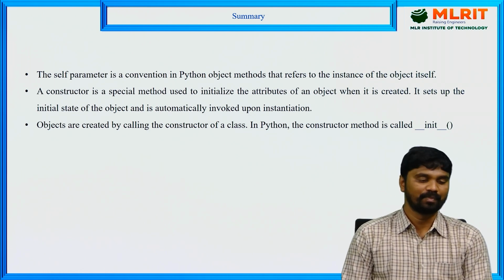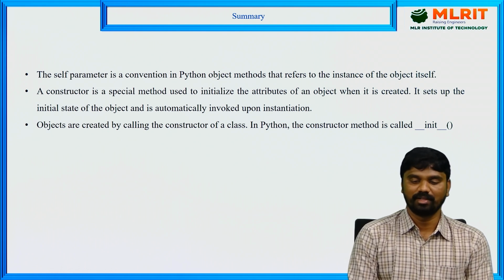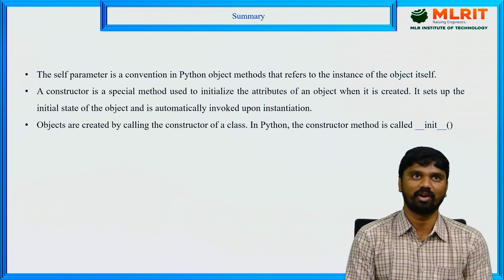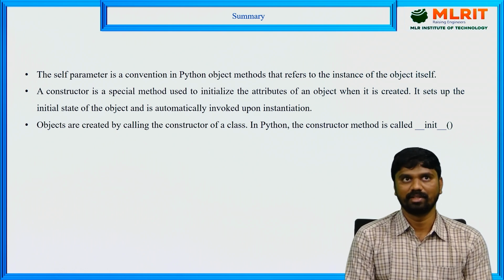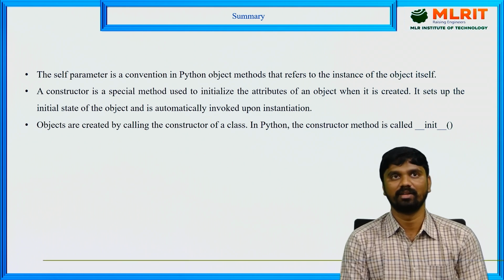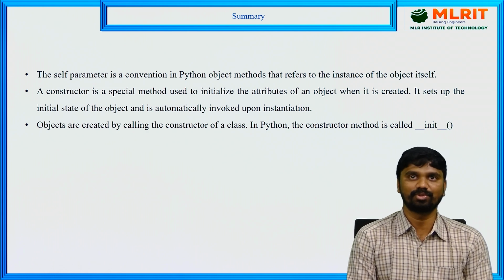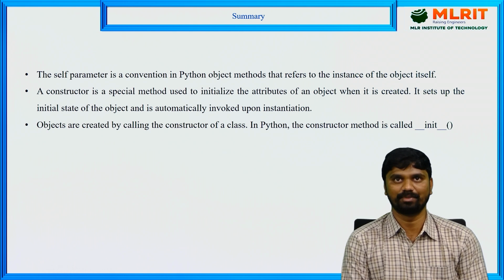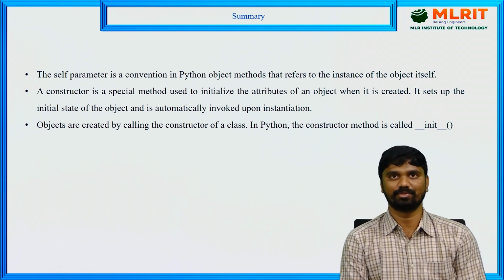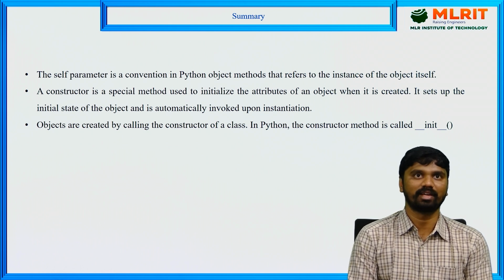So finally, the self parameter is a convention in Python object methods that refers to the instance of the object itself. That means the self variable represents the current object of the class. Next, a constructor is a special method which is used to initialize the variables of an object, that is, the instance variables. Next, objects are created by calling the constructor of a class.